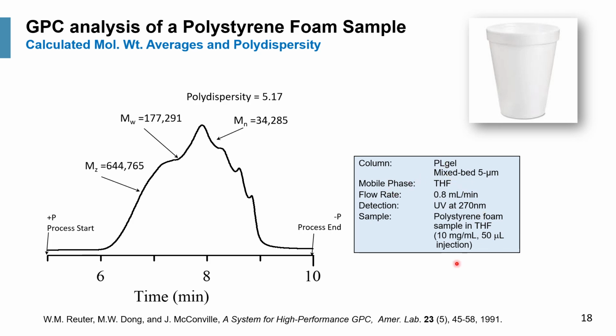These are the conditions. Using a GPC software program, one can get different types of molecular weight averages shown here, plus a very important parameter called the polydispersity, to measure how narrow or how wide the molecular weight distribution is.